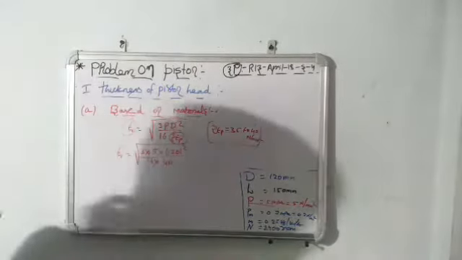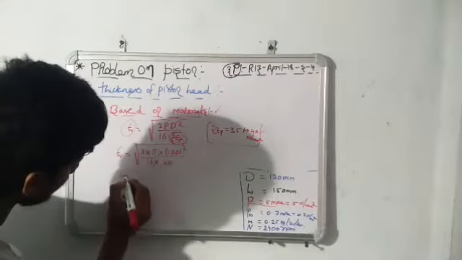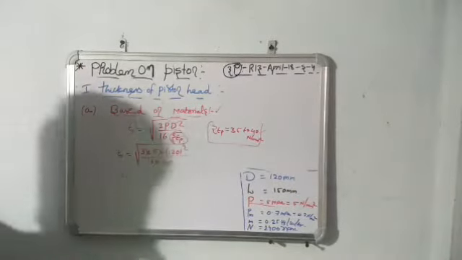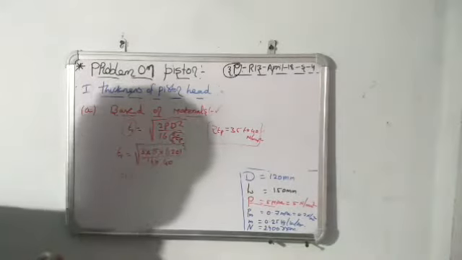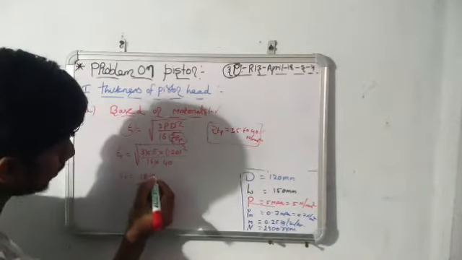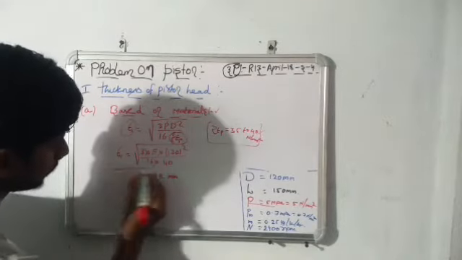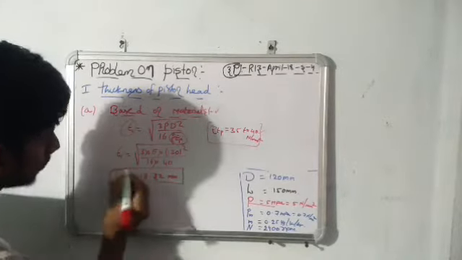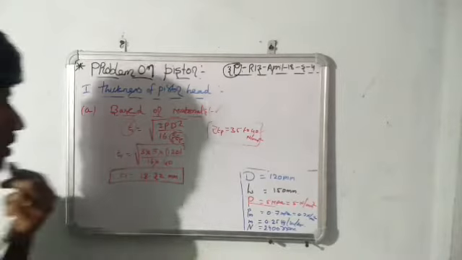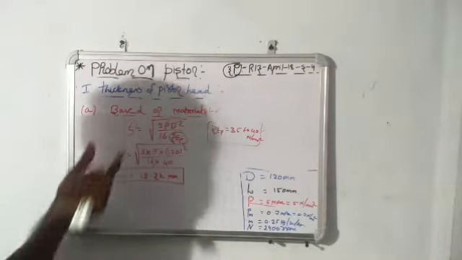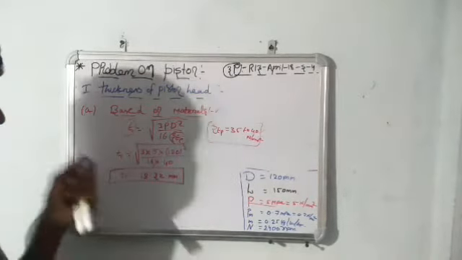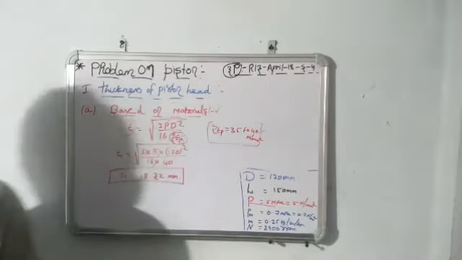By simplifying this, we get T1 approximately equal to 18.32 mm. This is the value of thickness of piston head based on the material condition.